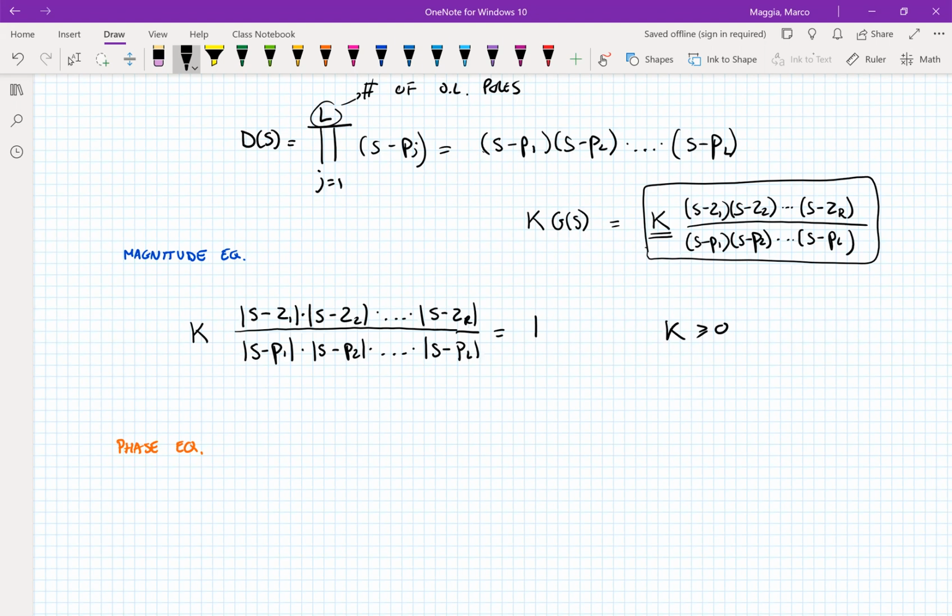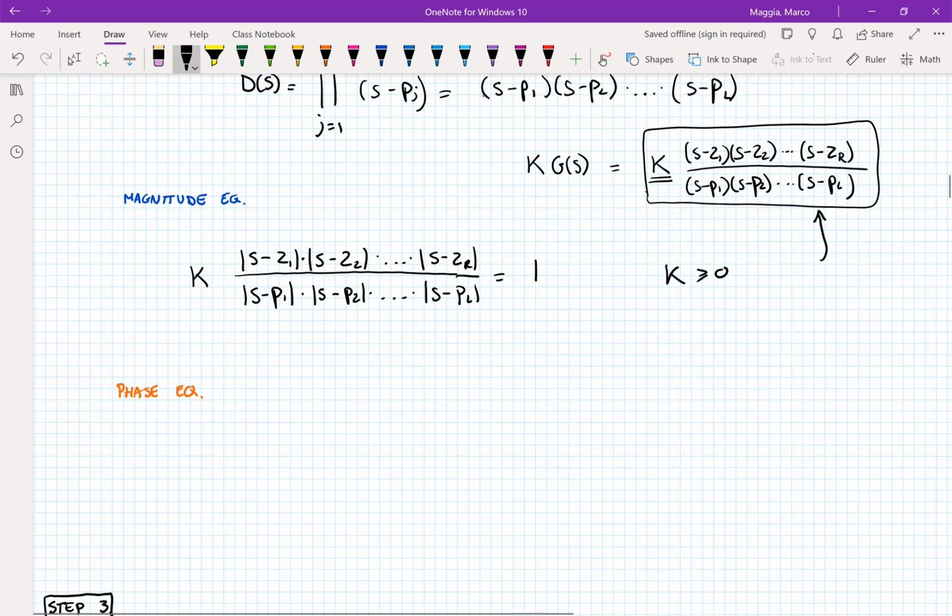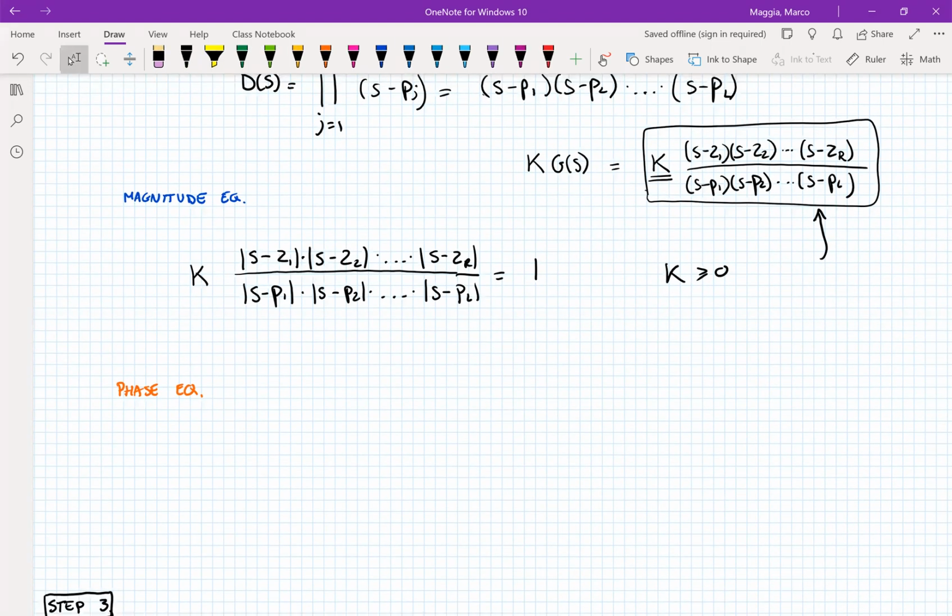So what is the phase of the complex number written in this form? Well, we have to start with the phase associated with the constant K. K being a constant, it would belong to the numerator.